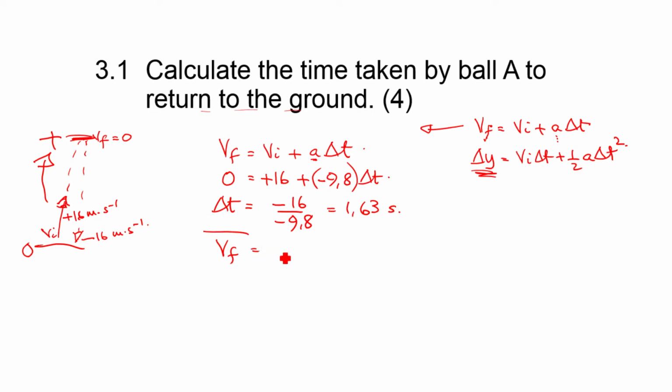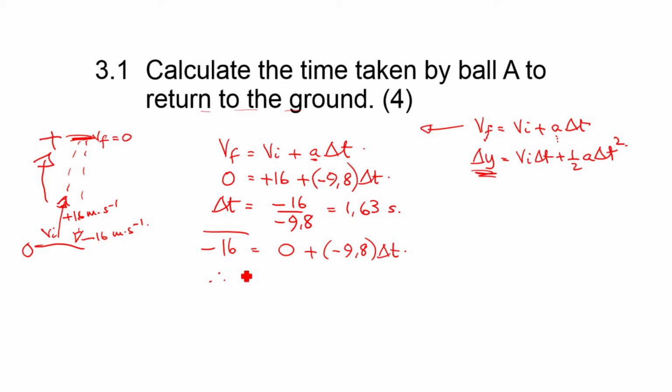Vf is equal to Vi plus, I'm not going to rewrite this. I'm going to take my final velocity when it's coming down. It's going to be minus 16. Vi, the initial velocity at the top now for the downward trip, is going to be 0 plus, it's still minus 9,8 times delta t.